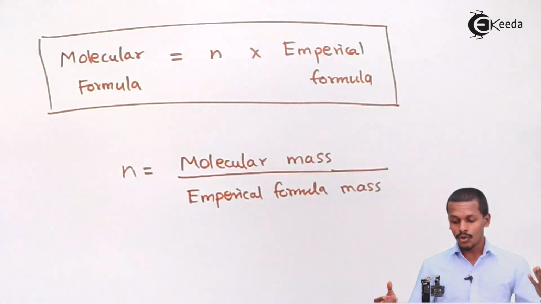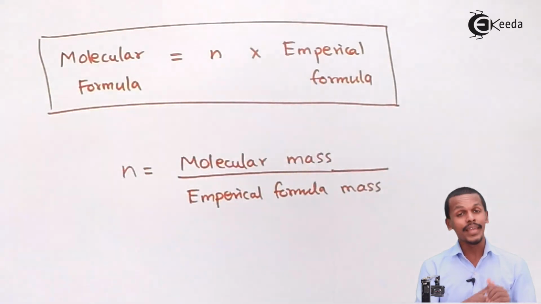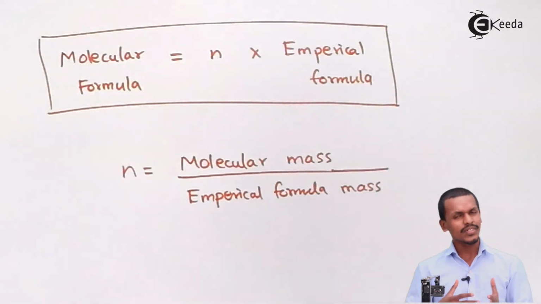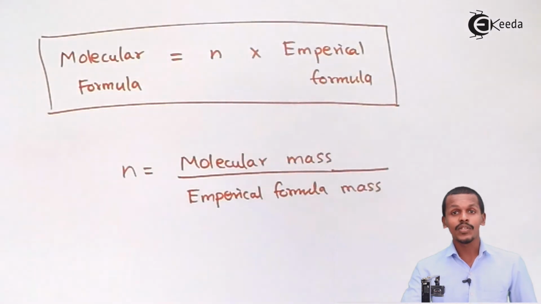Once we know the empirical formula, and later by analysis find the value of n, we could easily determine the molecular formula, and vice versa we could determine the empirical formula. So this was it that I wanted to explain, the relation between, as well as the definitions of, the empirical formula and molecular formula. So that's it.